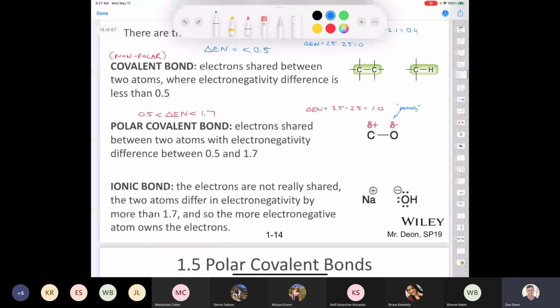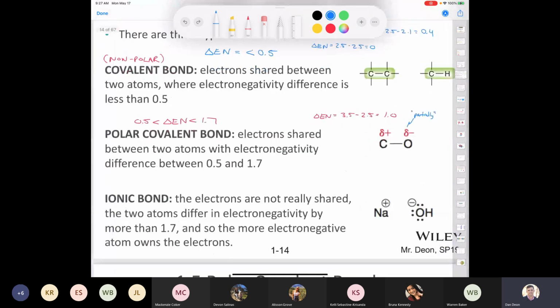Then we can go to ionic bonds. This is where you have a difference in electronegativity, delta EN, which is greater than 1.7. So say you have sodium and oxygen. I'm not going to show you the calculation, but sodium has an electronegativity of 0.9. Oxygen is 3.5. So you can do the math. That's a difference of 2.6. And so that's an ionic bond, right?